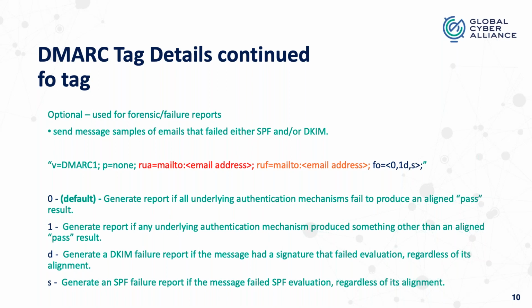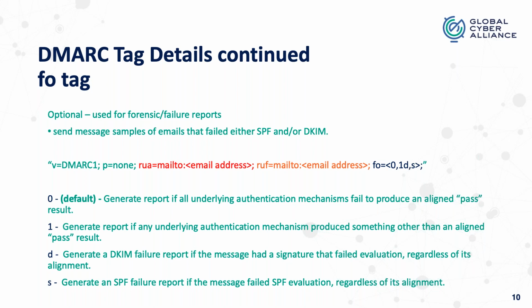This is optional and it's only used if you're using RUF, so if you're doing the forensic and failure reports. What it's basically saying is what failure aspect triggers these messages, these sample emails, to be sent. By default, it's fo equals 0. So if you do not put the FO tag in your policy, it is going to revert to 0.